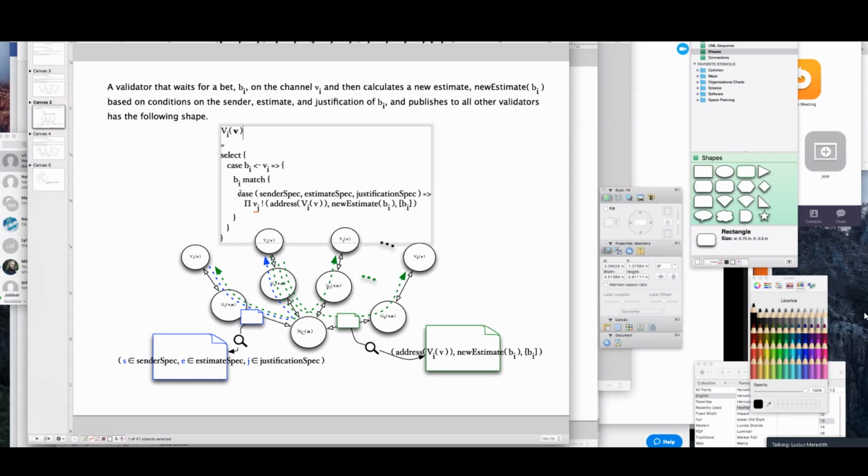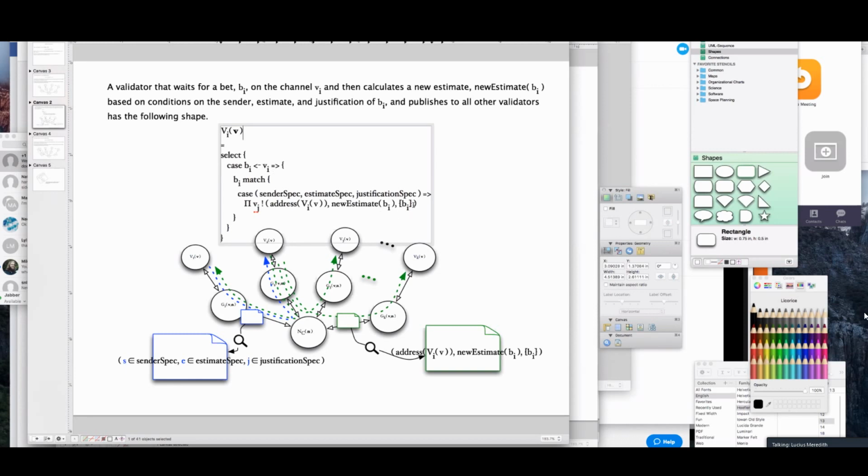And then depending upon which case you got, you will then do a broadcast back out to the VJs, in other words, all the other VIs in the parallel composition, with a new address being the address of VI and a new estimate constructed from there, and then the new justification.